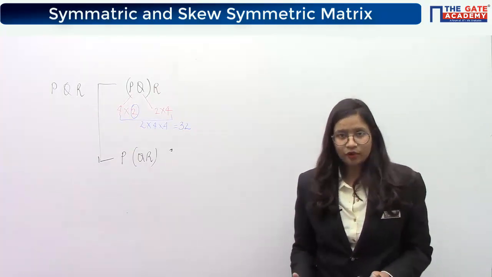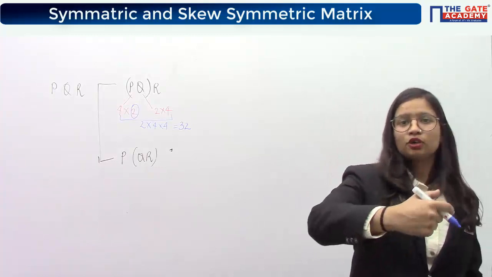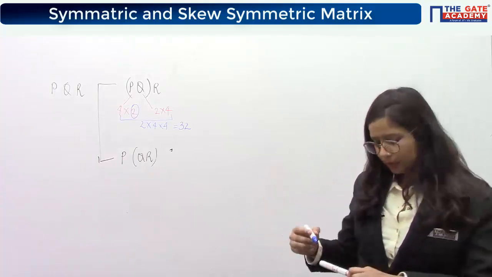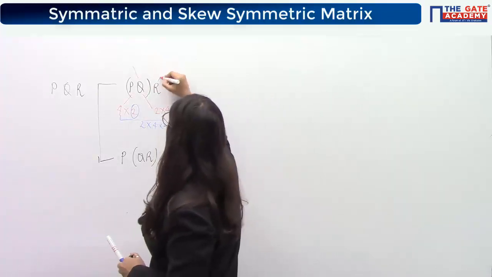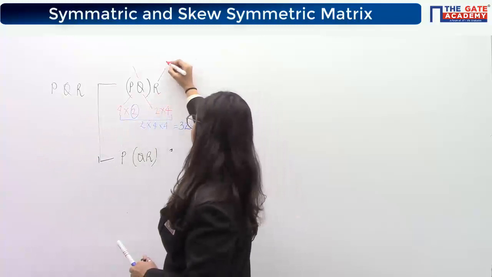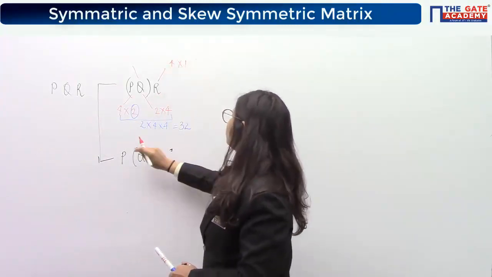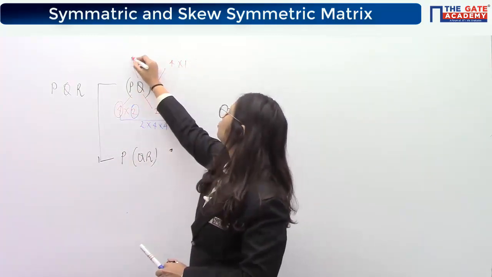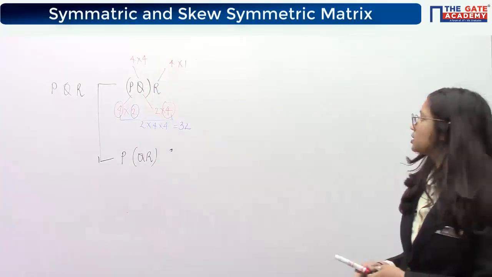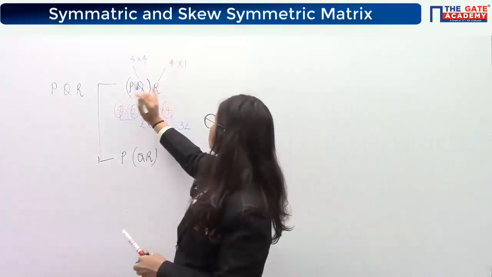Now in the second step, what will you do? You will take this PQ matrix and multiply with the R matrix. So what is the order of the PQ matrix? We have seen two matrices multiply, the order will be 4 into 4. Very easy. Now these two will be multiplied.